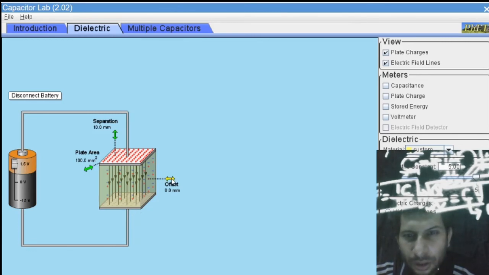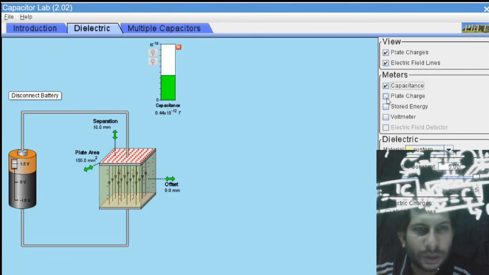As we insert it, the plate and the dielectric material, which is in cube form, is directly inserted without any shift or without any cutting of the plates' area. It will increase the charge on the above and bottom plates.